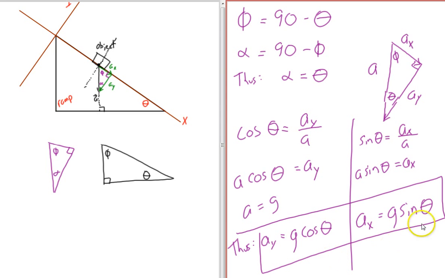So these two formulas right here, this is the acceleration perpendicular, which doesn't really do anything, but this value right here, the acceleration in the x direction, that's the acceleration that the object is traveling. So this value right here, g sine theta, is very, very important.